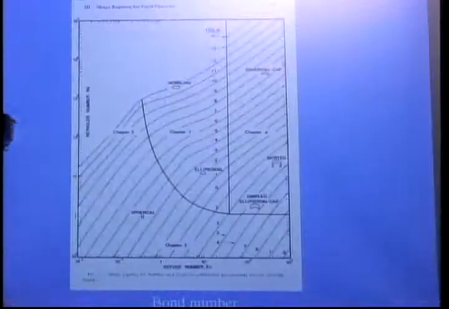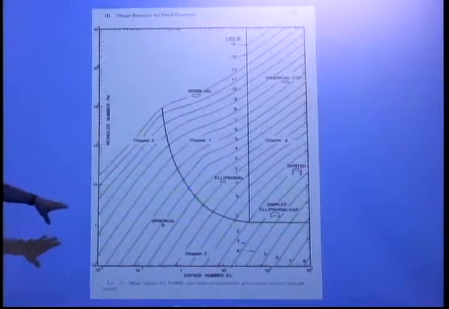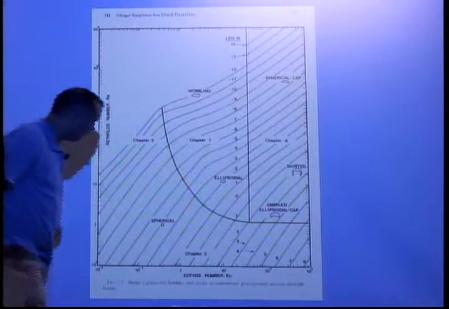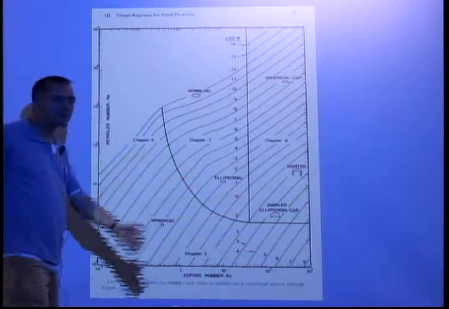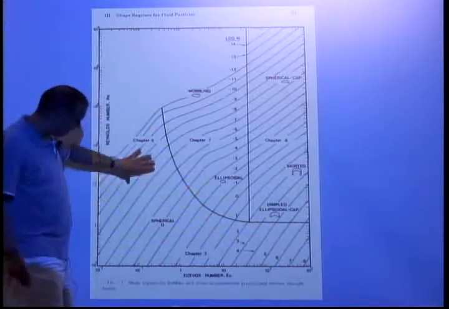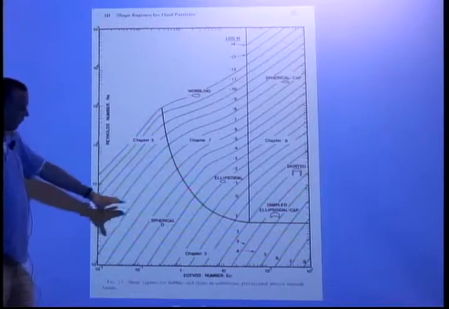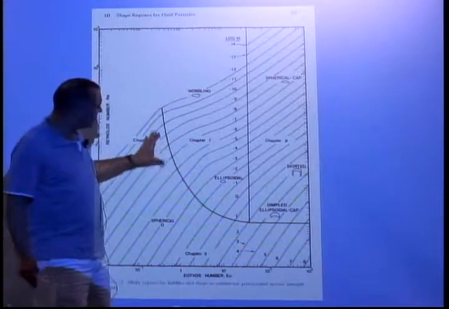When the Bond number is small, things stay spherical owing to surface tension. So this is basically how fast it's going and how big it is, right? And so you have spherical bubbles moving at low Reynolds number, and we can do the scaling very easily.